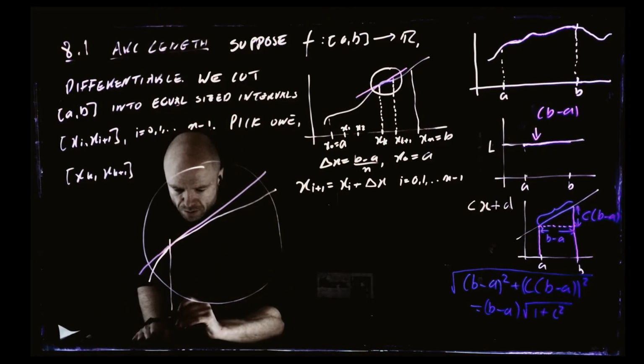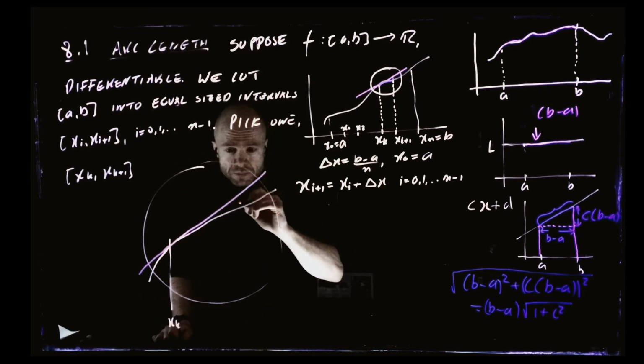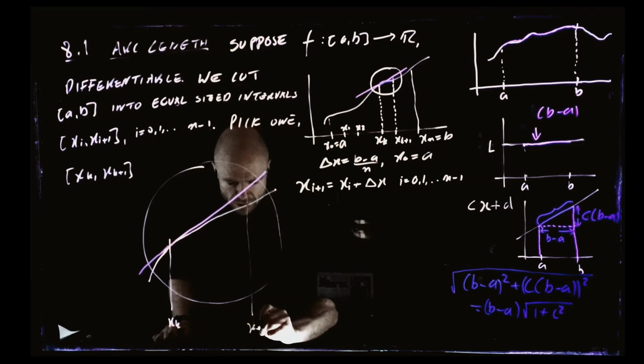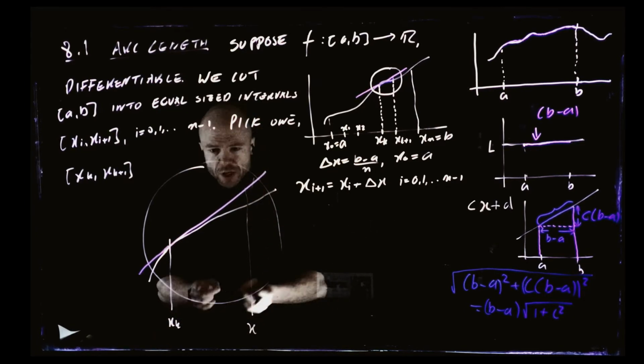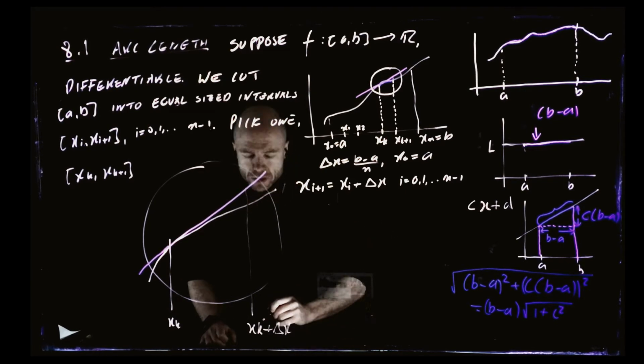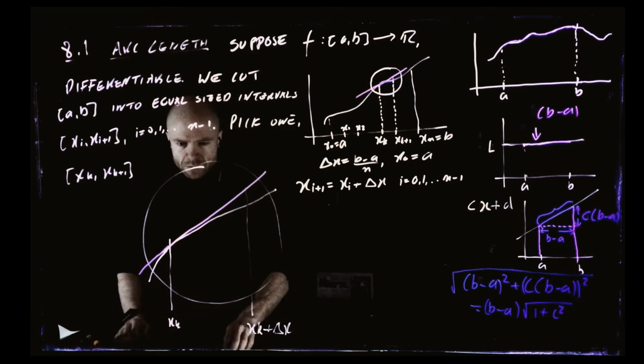This is above xk, and let's make it consistent with our picture. And then this is above x_{k+1}, but x_{k+1} is just moving along from xk by delta x. Everybody with me so far?